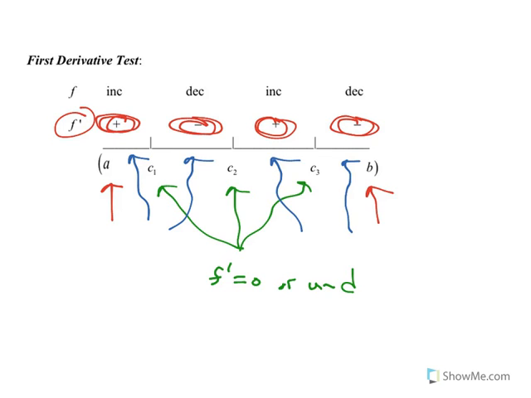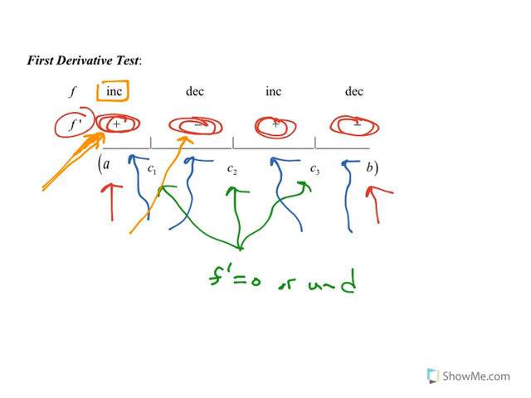So for example, if we just look at this first one, we tested a number between a and the first critical number, and it looks like the output was a positive output. So if the output was positive, then that means you have positive slopes on f, which means f must be increasing. And here, f prime on the second one, between these two critical numbers, C1 and C2, was a negative output, so that means you have negative slopes on f.